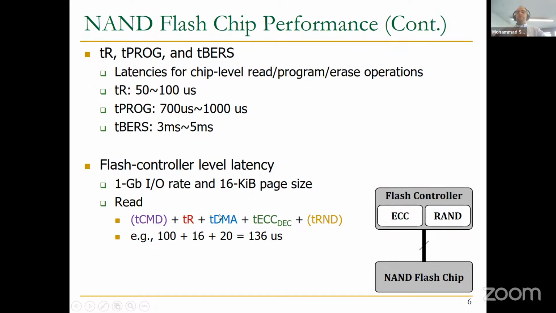Then we have tDMA, which is the latency of sending your data back to the controller. In the flash controller, we need to do ECC decoding and de-randomization. Assuming we can ignore the latency for sending the command and de-randomization, because these are relatively fast compared to the other timings, the read operation takes around 136 microseconds.